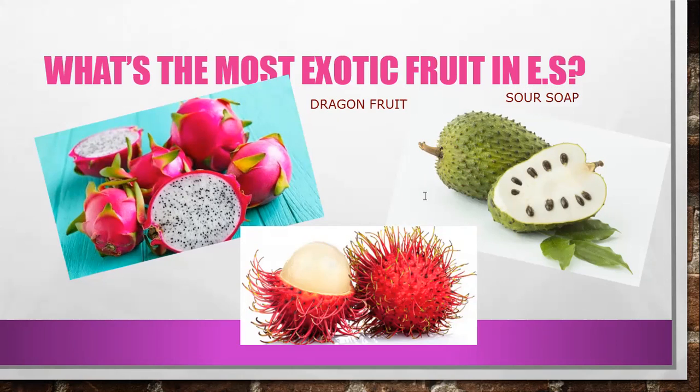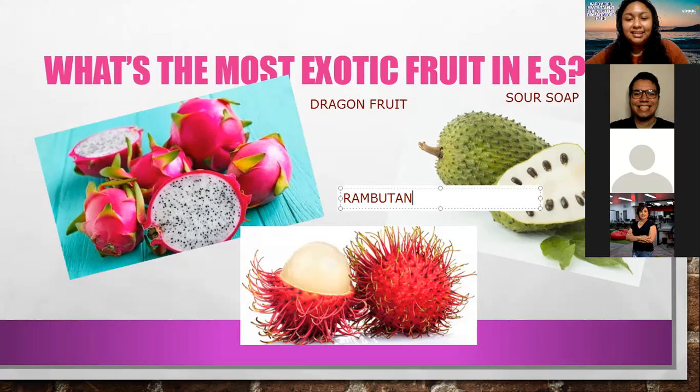This one's soursop. And this one? I don't know in English. That's lychee for me. They're similar, but this is rambutan. Oh, okay. Rambutan. It's hairy, not like lychee. Exactly. That's the other one.